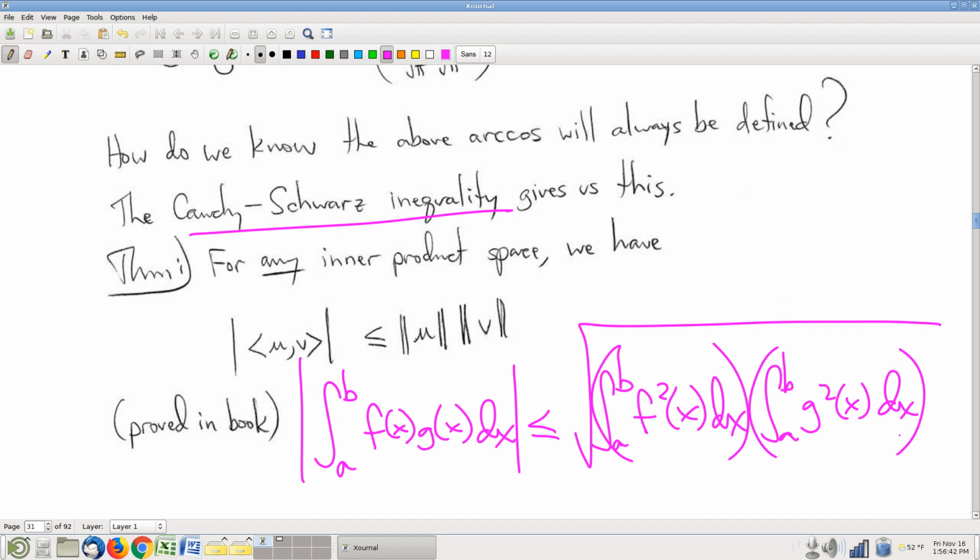As I've got it written here, you could call this a theorem in Calc 2. This is a true fact about single variable integrals, but how in the world would you go about proving this theorem in Calc 2? This is a weirdly inaccessible result in Calc 2, using Calc 2 tools.